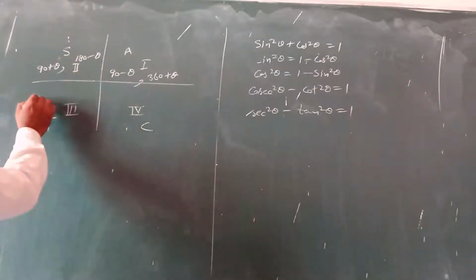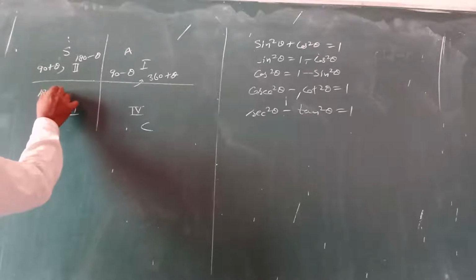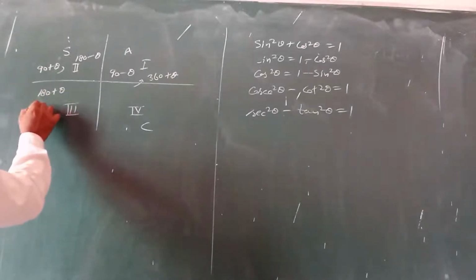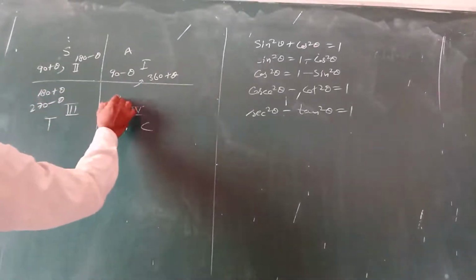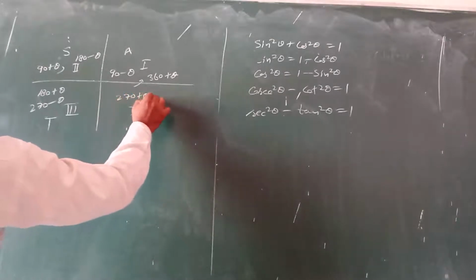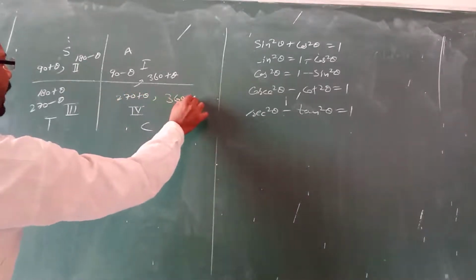Here we are taking 180 plus theta and 270 minus theta. Here again 270 plus theta or 360 minus theta.